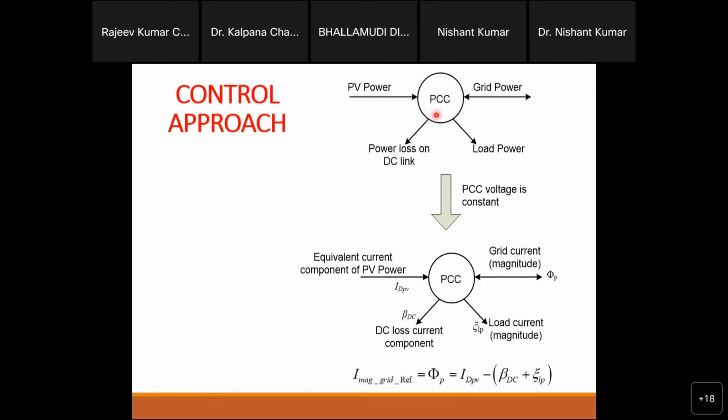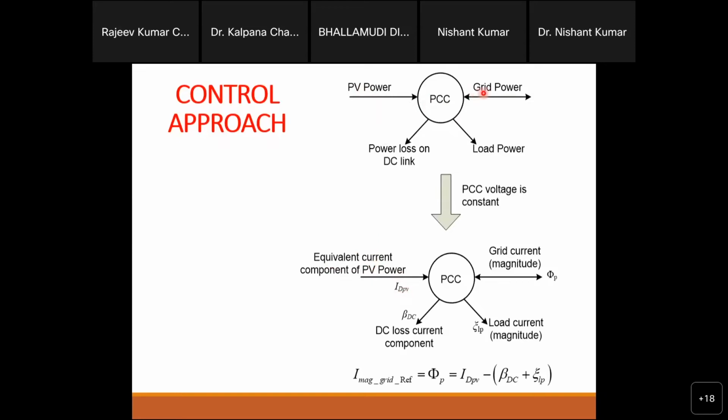So what we can do, if voltage is fixed on this terminal, is divide this power by the voltage magnitude, mainly I'm talking about magnitude, because this is AC voltage. If you divide this term by the voltage magnitude, what do you get? You will get the PV component, right? We can say the equivalent current component of PV, so we can say this is IDPV.